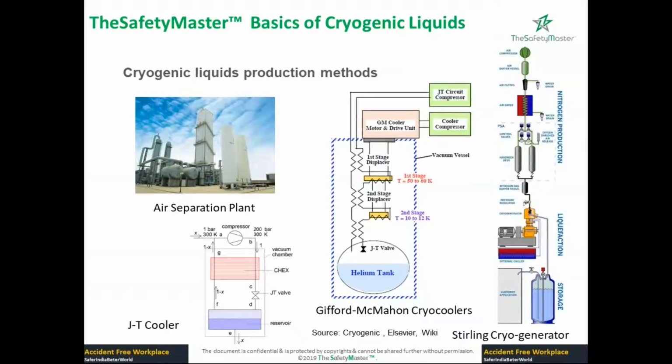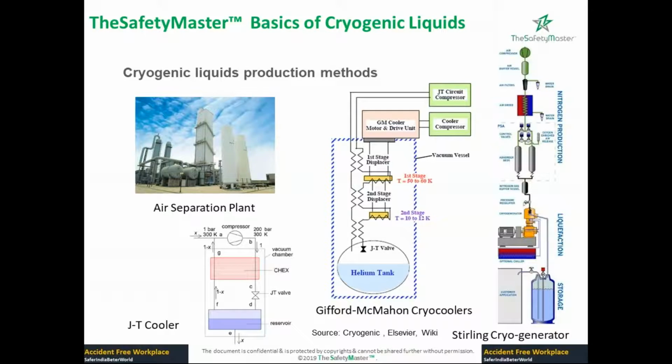But that's not the only method. There are several other methods, such as Joule-Thomson coolers, JT coolers, and then Gifford-McMahon cryocoolers, called GM cryocoolers. And then you have Stirling cryogenerators, which can produce liquid nitrogen at laboratory scale.